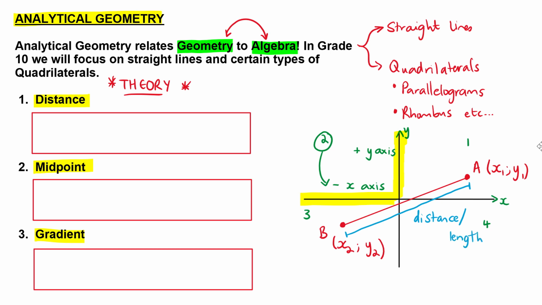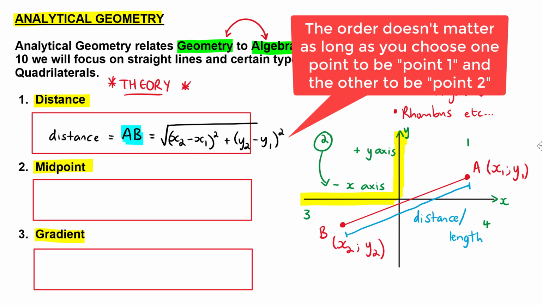And the formula, which is quite easy to derive if you want to go and try it in your own time, would tell us that the distance, and in this case you can write it as AB, because that's the name of the line. Often we will write the name of the line instead of writing distance, is equal to x2 minus x1 all squared plus y2 minus y1 all squared underneath the square root.